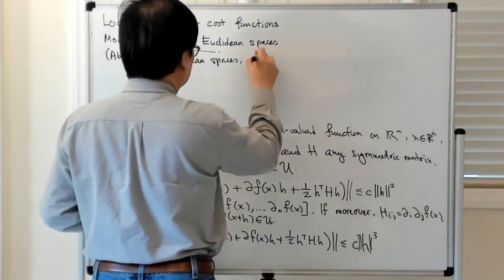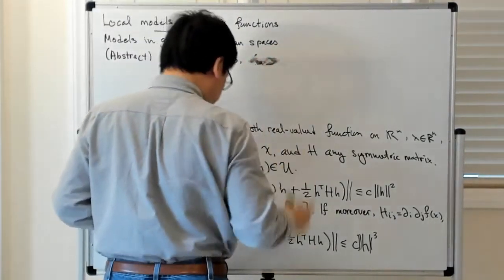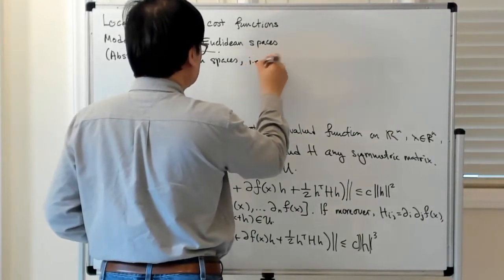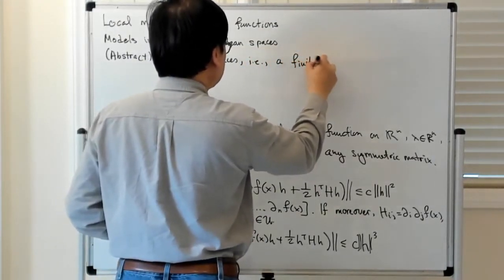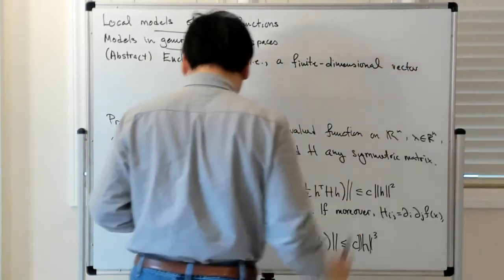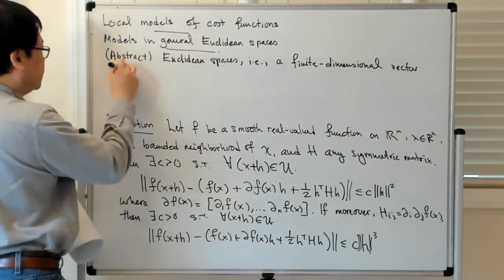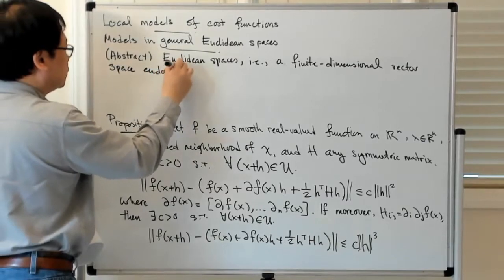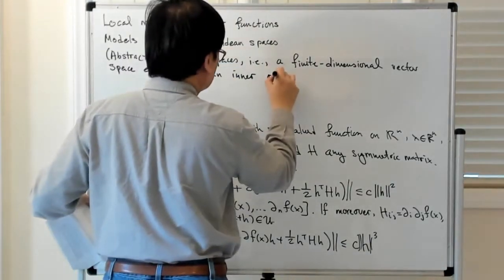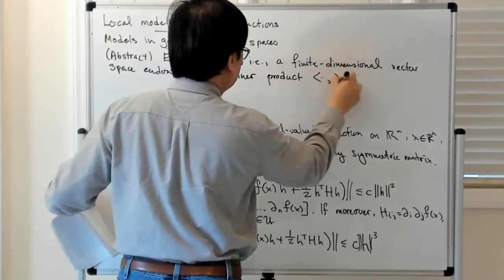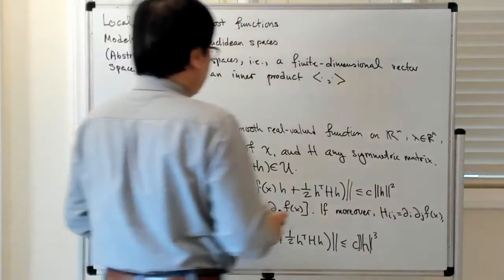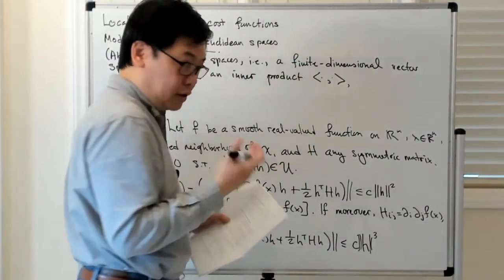So this is some finite dimensional vector space with an inner product, which we denote by these angle brackets. And the inner product obviously induces a norm.